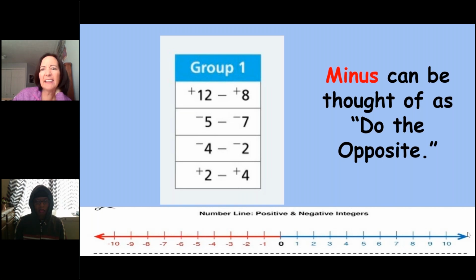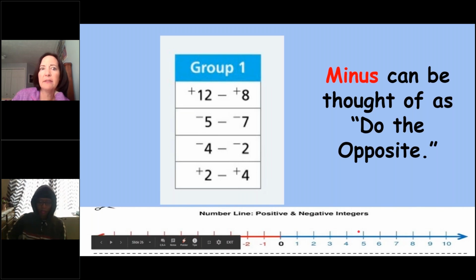Before, when I was adding and had to add +8, I went to the right. But now I'm doing the opposite of a +8. Which way would I go if I'm doing the opposite of a +8, Lana? Left. You're awesome. Left. So I'm way over here at 12, and I go to the left 8 jumps. Do you know what number I'm going to end up at? 0.